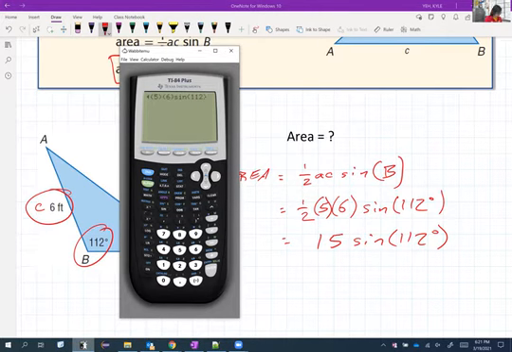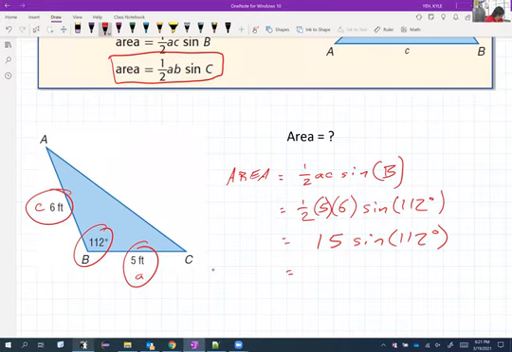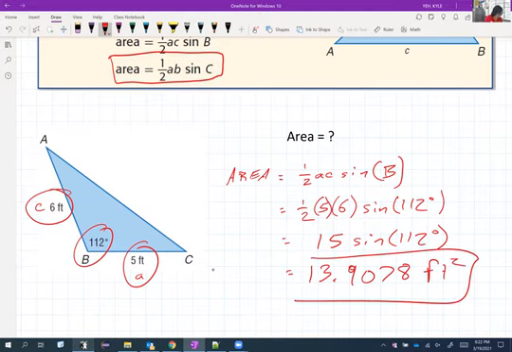And let me just make sure really quick, I am in degree mode. Yes, I am. It'll tell me that the area is 13.9078 square feet because it's an area and our measurements were given in feet.